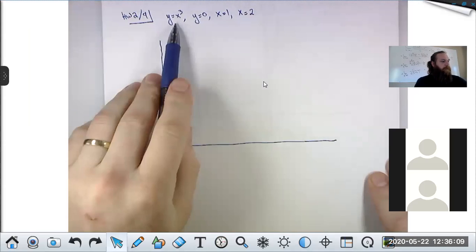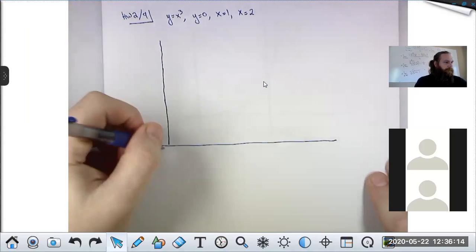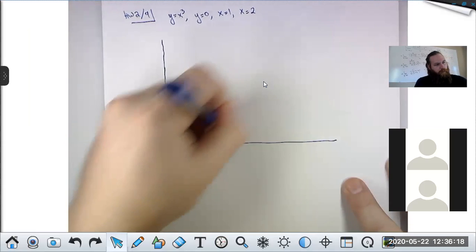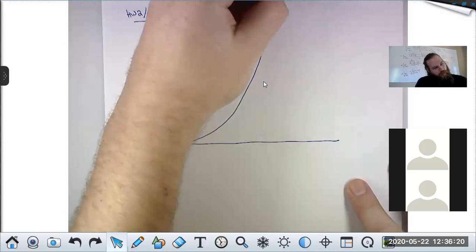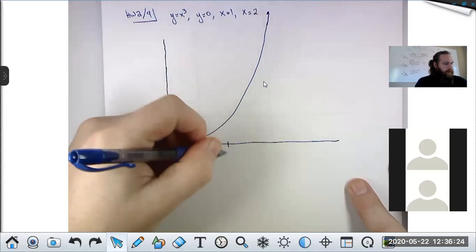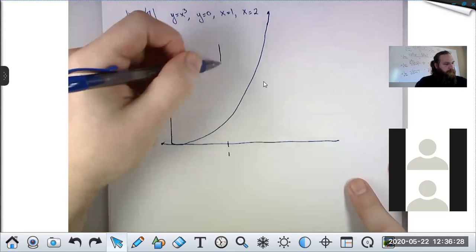So my region is bounded by y equals x cubed between x equals 1 and x equals 2. So let's draw it something like this. We'll call this x equals 1. So here's the line x equals 1.